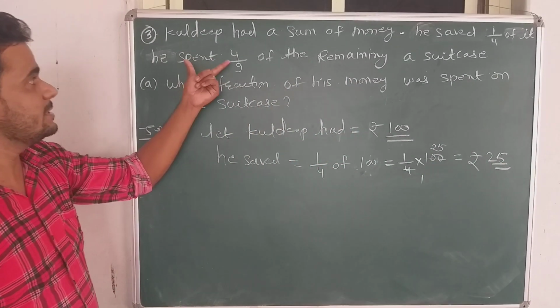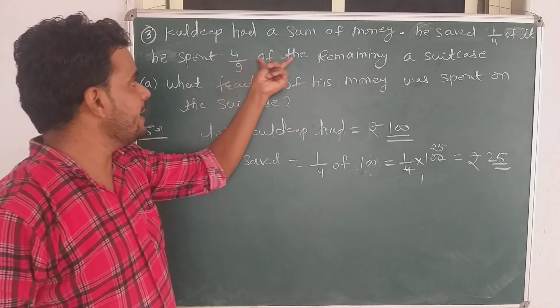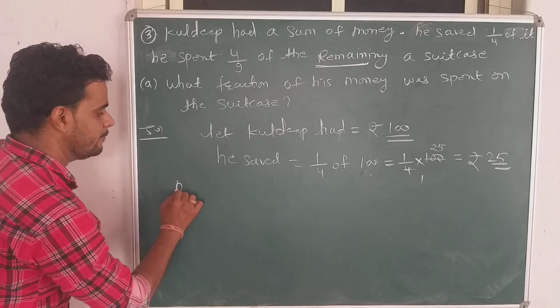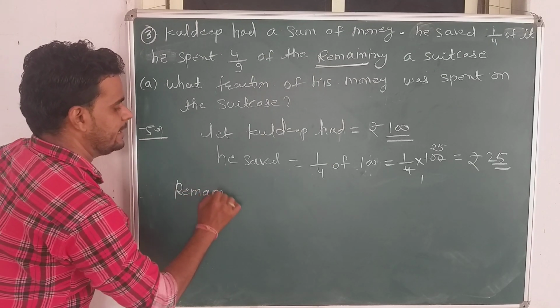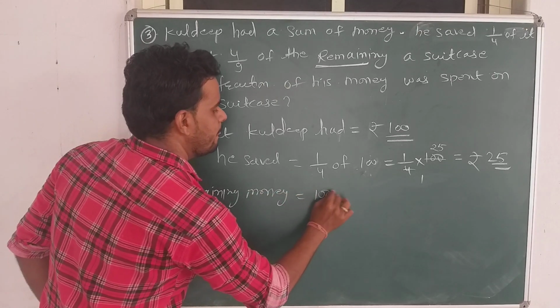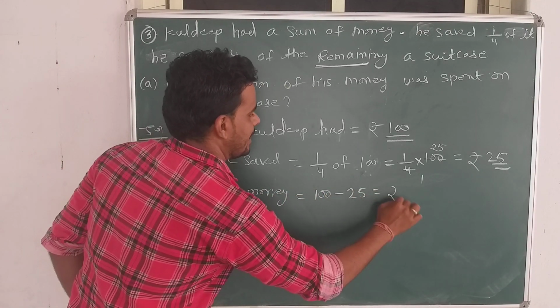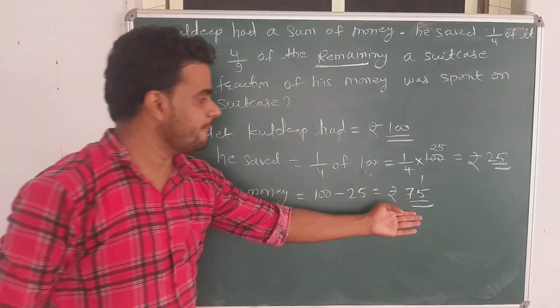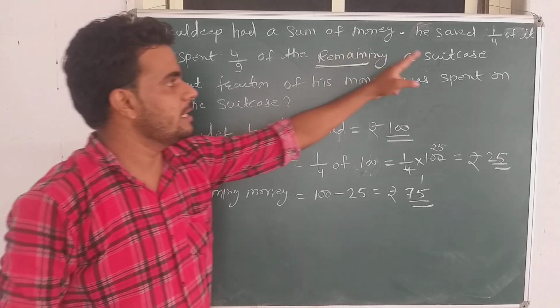And now the question is saying he spent 4 by 9 of the remaining. First we will find out the remaining money. So the remaining money is 100 minus 25. So the remaining money is 75. And out of 75 he spent 4 by 9 on the suitcase.